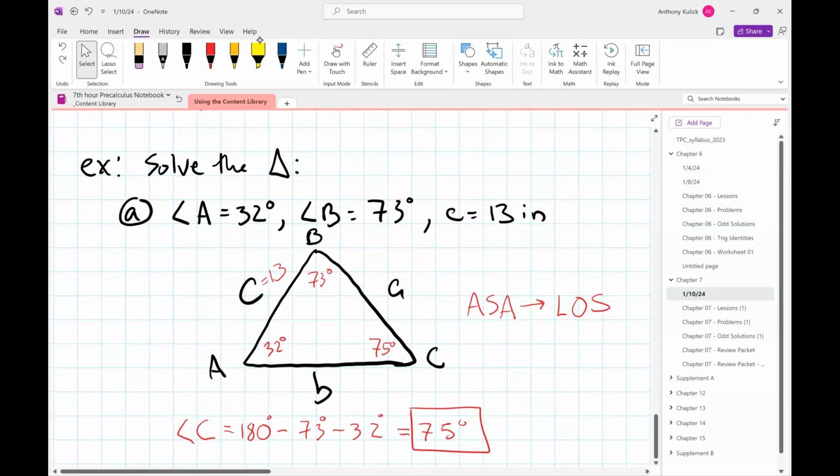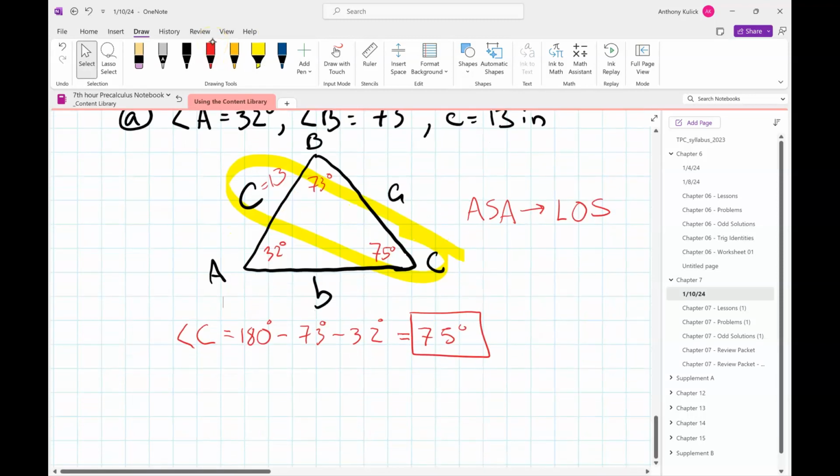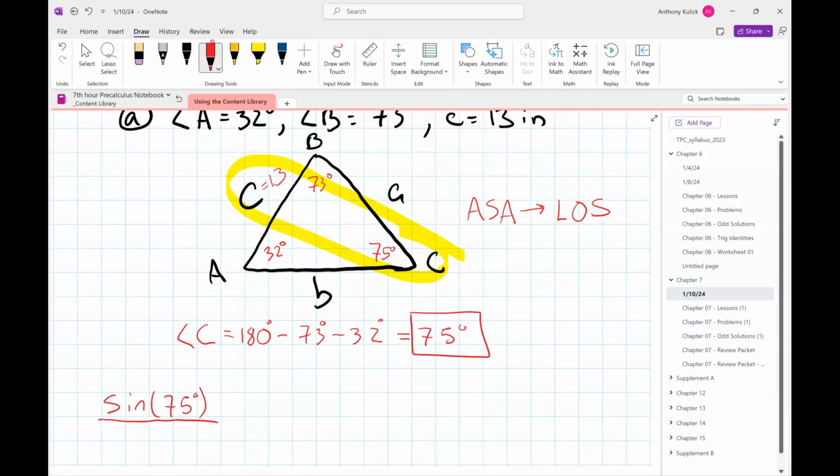Which one do I have both the angle and the side for? C, right? I know side C is 13. And I know angle C is 75. So I know when I use my law of sines, I'm going to use the ratio sine 75 over 13.